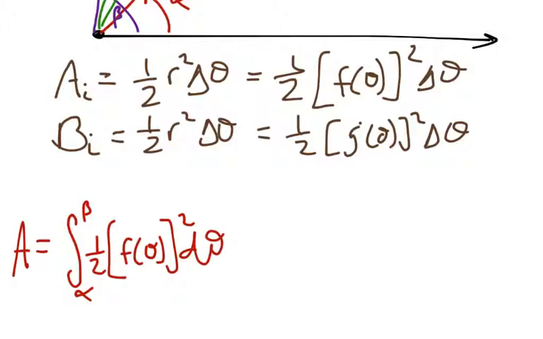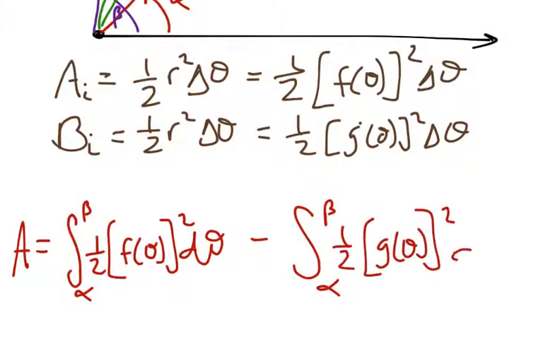That's the area of the entire region. But remember, we're removing all the stuff inside of g, so we subtract from that the integral from alpha to beta of 1/2 g of theta squared d theta.